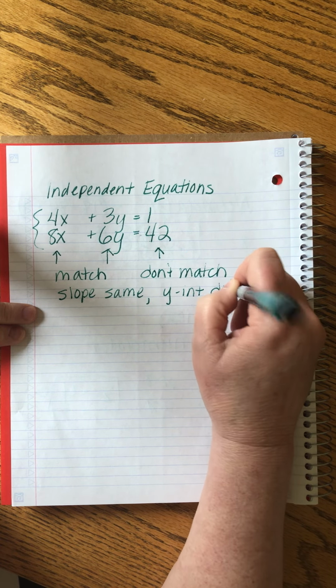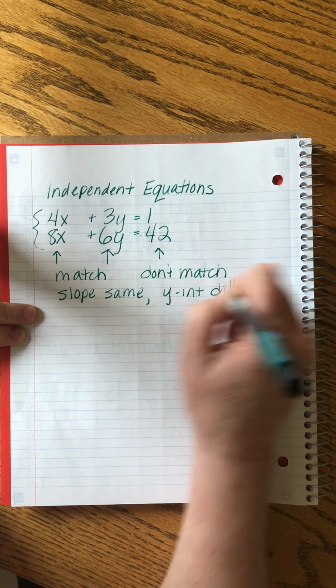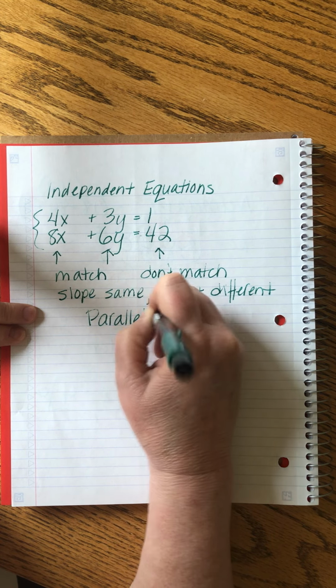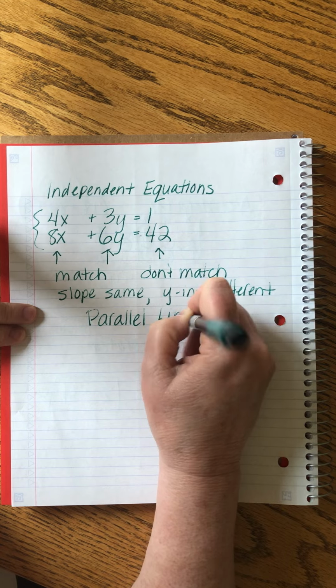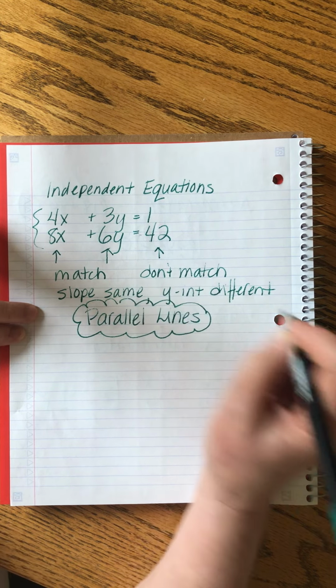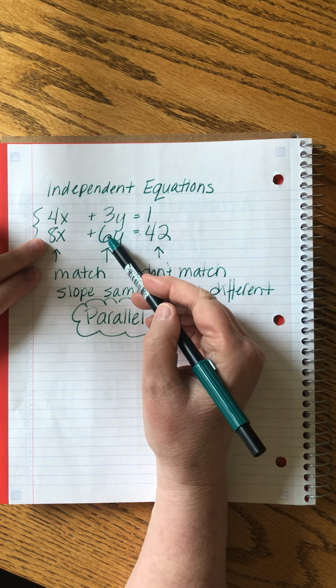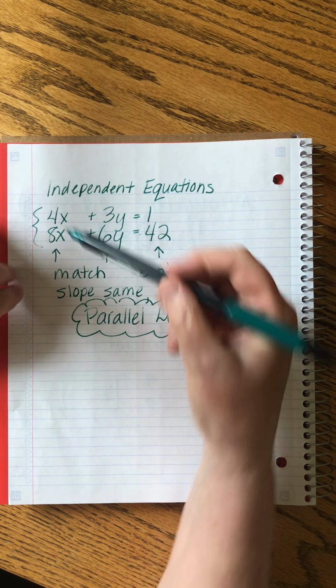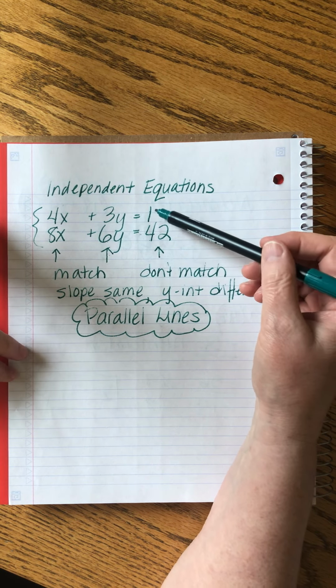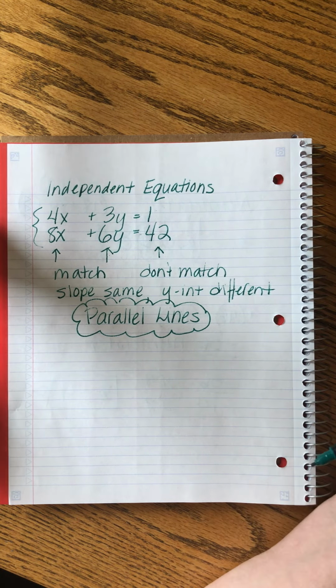And that tells us that we have parallel lines. Okay? So this is the pattern. The coefficients on the variables have a pattern, right? We can see that they relate to one another, but the constants don't.